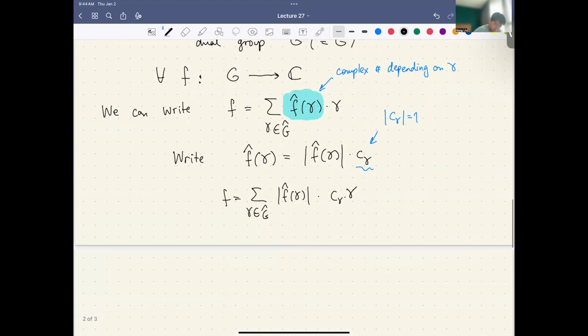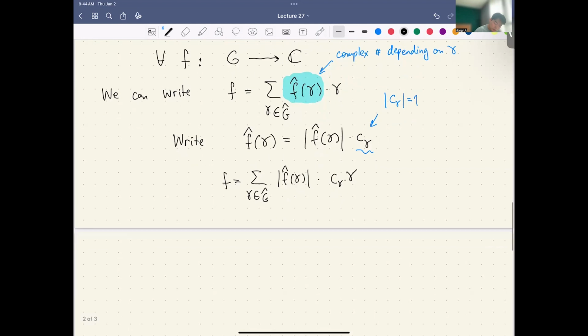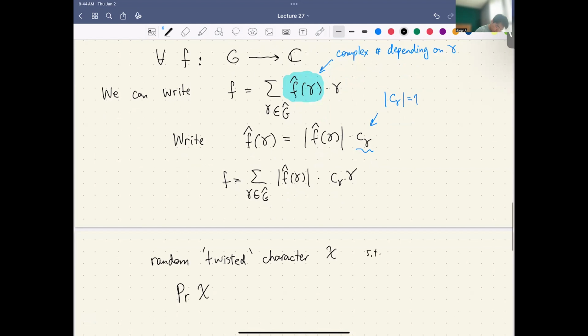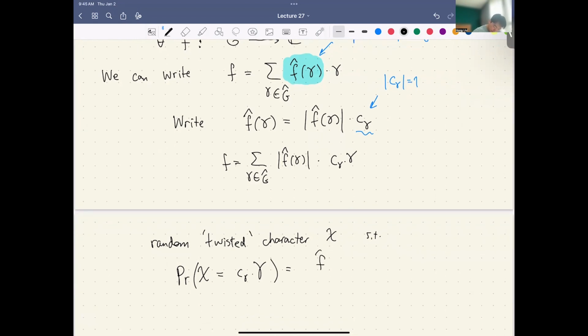We can now define a probability distribution: let's define a random twisted character chi such that we take chi to be this twisted character, meaning multiplied by the rotation c sub gamma times gamma, with probability proportional to the length of this Fourier coefficient.